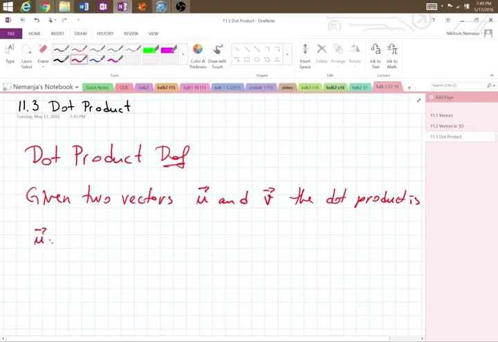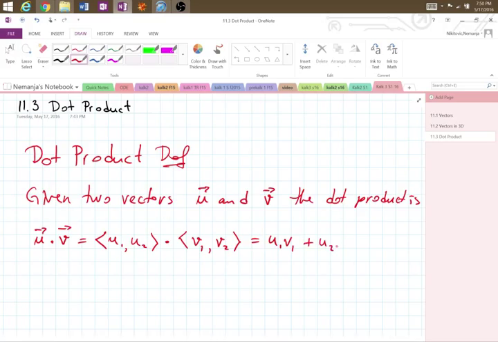So u dot v, which is actually ⟨u1, u2⟩ dot ⟨v1, v2⟩, is equal to u1 v1 plus u2 v2.